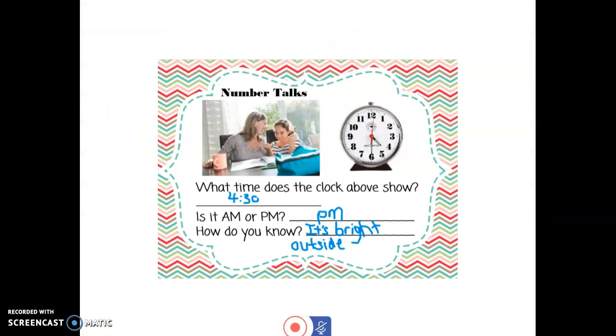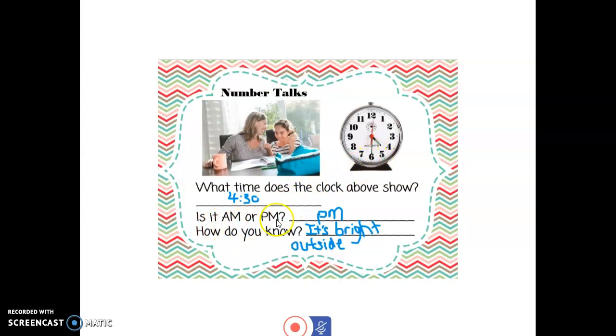All right, let's compare answers. What time does the clock above show? Say 4:30 like I did. Good job, because you can see right here that the hour hand is between the 4 and the 5. It's not at the 5 yet, and it's past the 4, so we know that's 4:30. And the minute hand is on the 6, which is 5, 10, 15, 20, 25, 30, so it's 4:30.